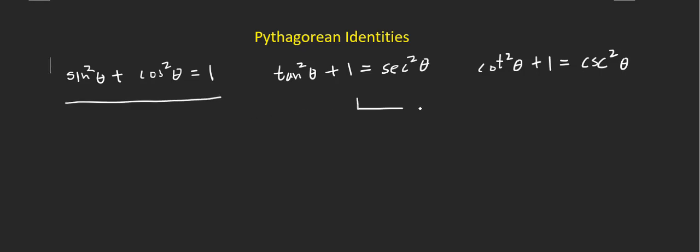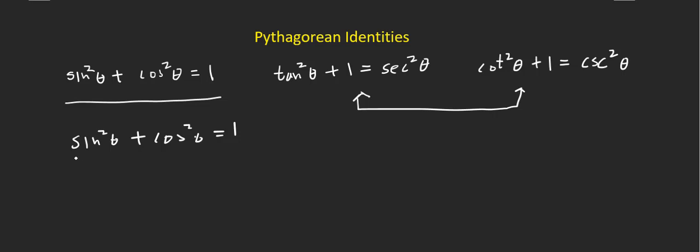Now, where do these two come from? I'm going to show you where these two came from. When you have sine squared theta plus cosine squared theta equals 1, let's divide everything by sine squared theta.